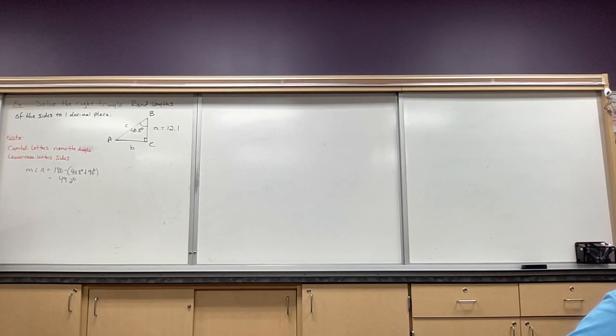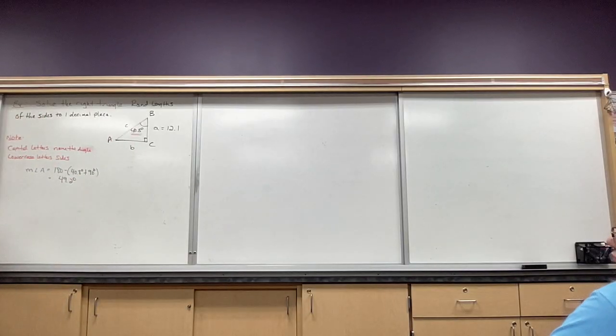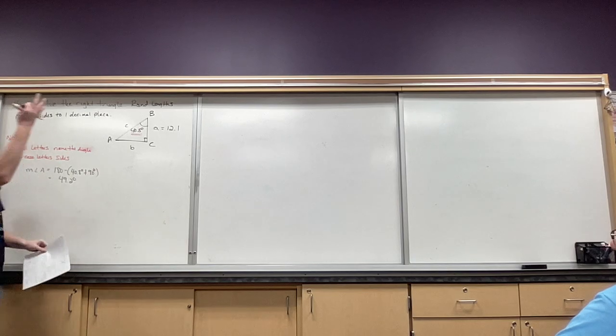Just depends on what you feel like using. Because they give me this 40.8, I'm going to use it. Now, could I use the other angle for finding side lengths? Yes. What I would suggest when you're finding measurements, use what the problem has given you. Because if you made a subtraction error and you use it for the other calculations, everything's wrong, right? So just keep that in mind. I'm just going to use the 40.8 because it's there.